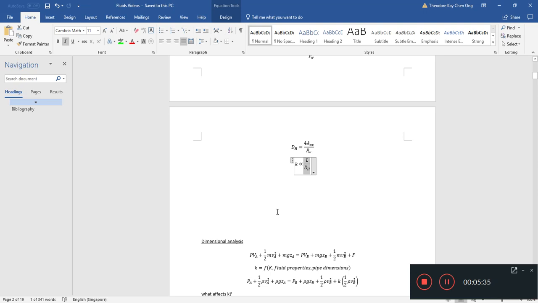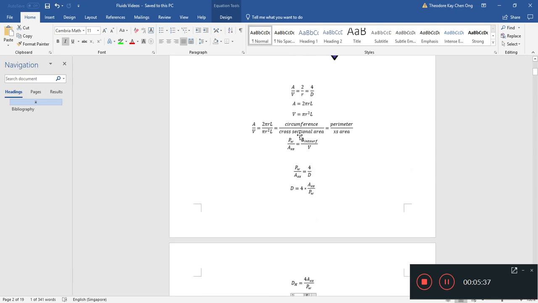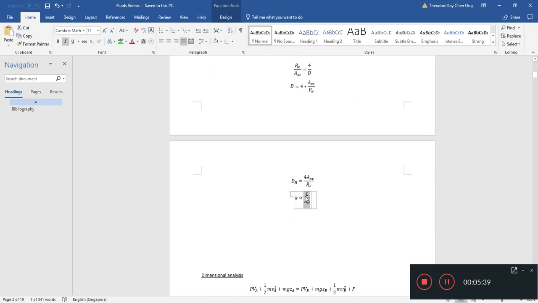Isn't that interesting? For all geometry, all you need to know is this L by D ratio, and that will tell you a lot about how K will be affected.